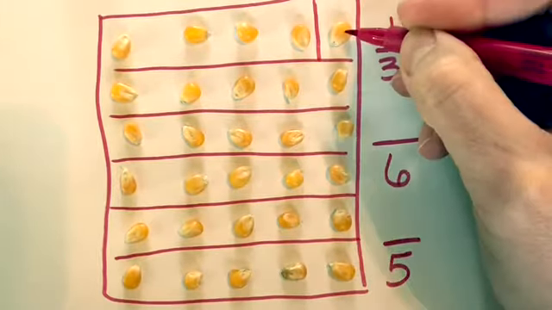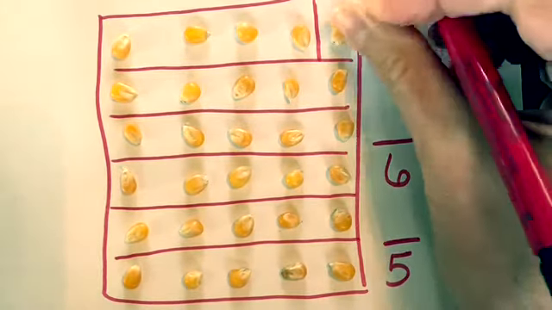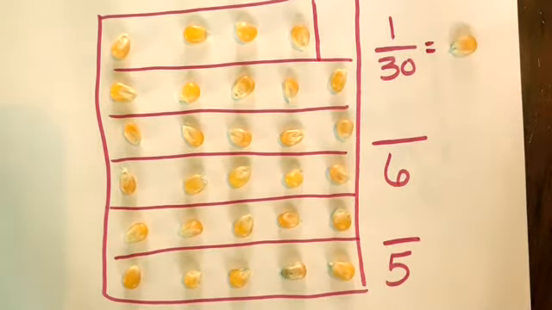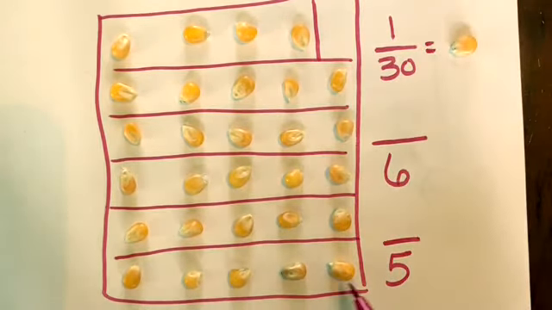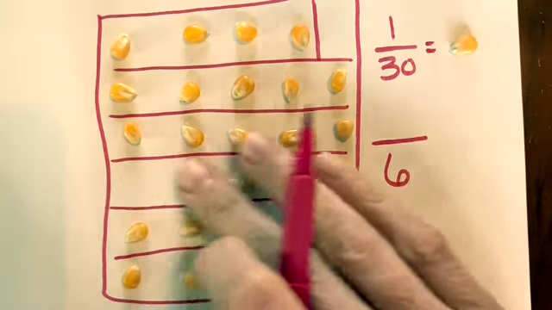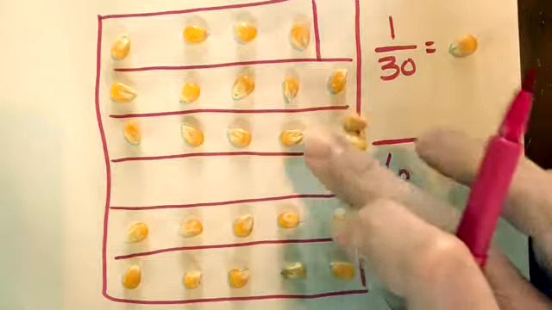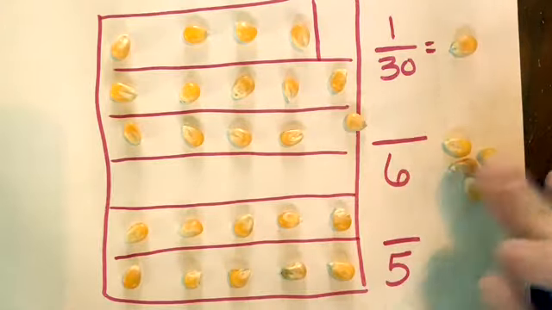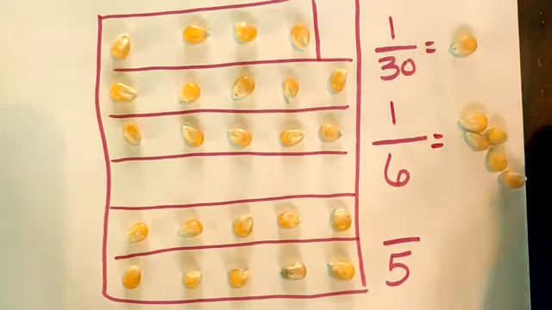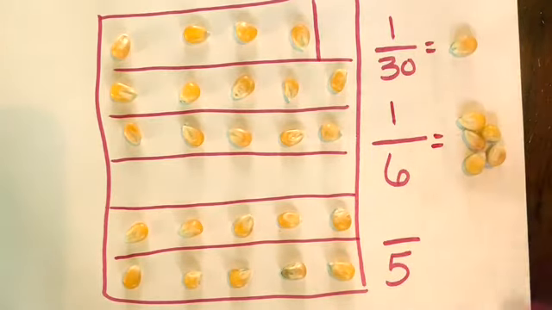So there's 1 kernel equals 1/30. When I break them up this way and I have 6 groups, a whole row equals 1/6. So 1/6 equals 5 kernels.